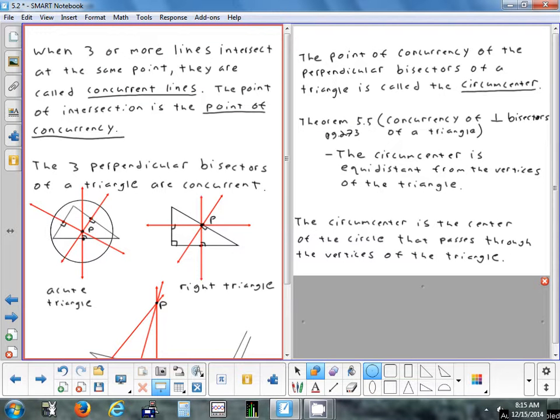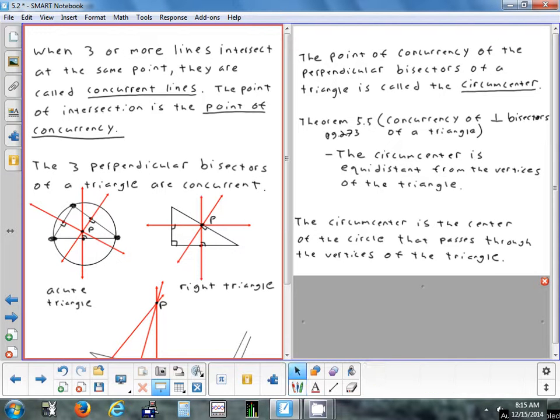Let's try to position it. I was a little bit off, but not bad. My sketch isn't perfect, but it's close. That circumcenter is the center of the circle. And that circle goes right through the 3 vertices of the triangle. This one, and that one.